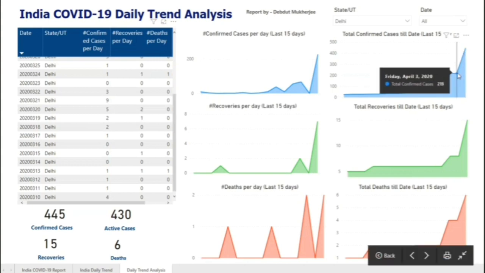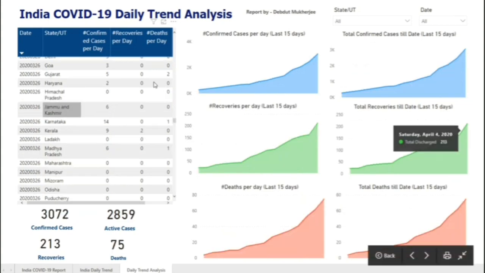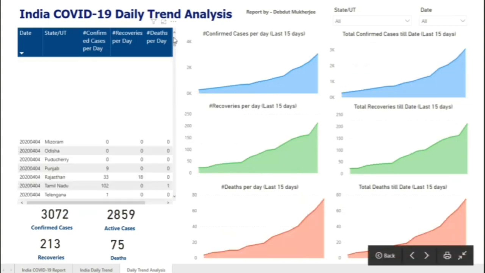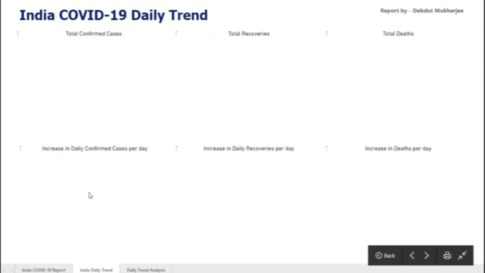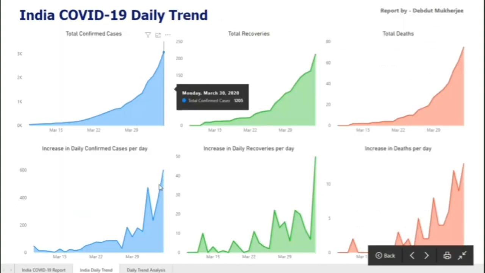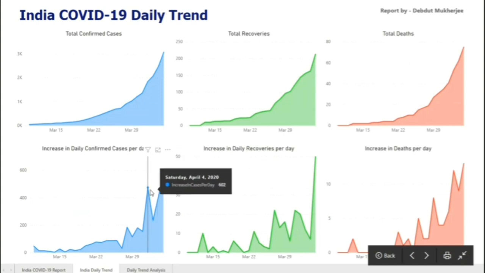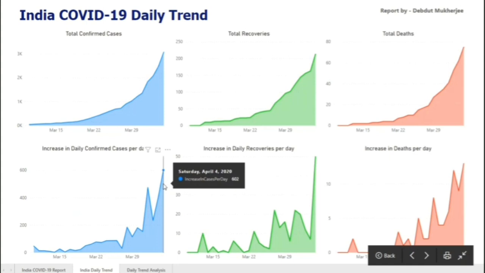So Delhi was doing good till 3rd. Okay, now this is very important. If we just analyze this, this graph is almost similar to the India trend, right? If we go to the India trend, we see that the highest number of cases were occurring on 1st of April, 1st, 3rd, and 4th.